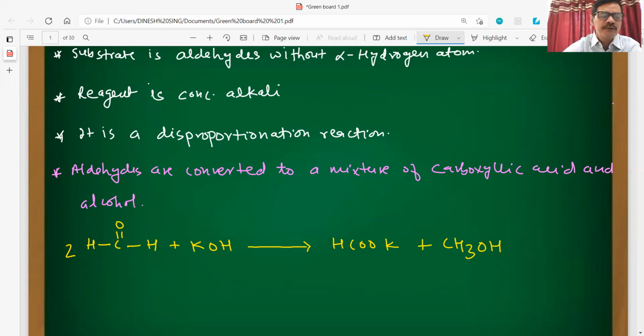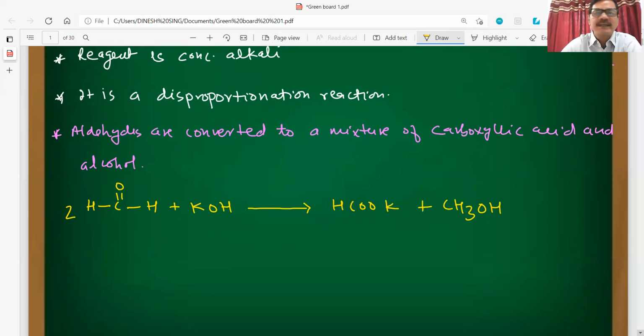So one molecule of this formaldehyde is converted to potassium formate, so this is the oxidation reaction, and the other molecule is converted to methyl alcohol. This is the reduction reaction. So that's why the same compound is undergoing both oxidation and reduction reaction. That's why this reaction is a disproportionation reaction.